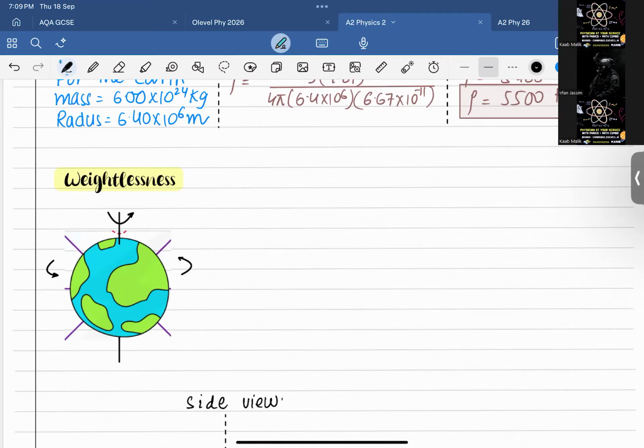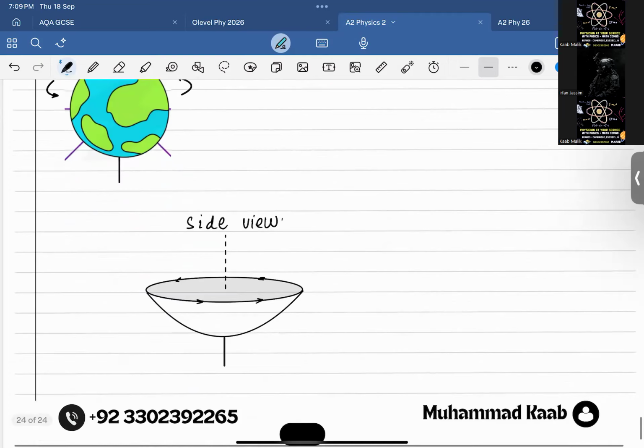If we try to understand how fast the earth is moving, let's first find out the values.